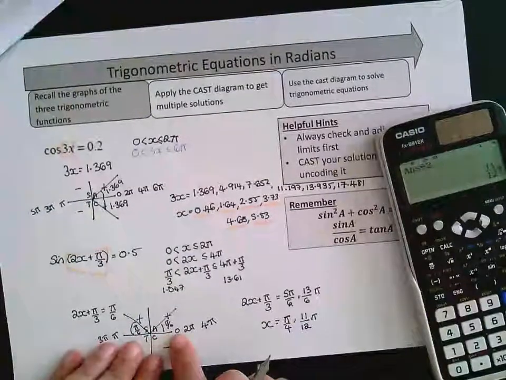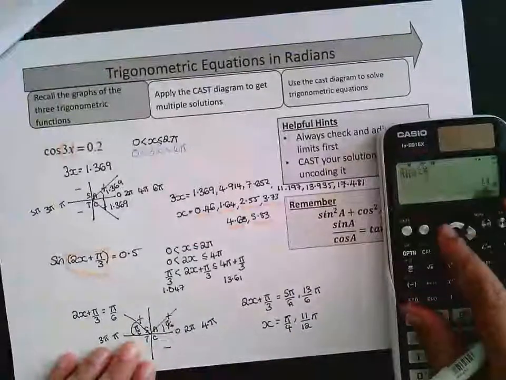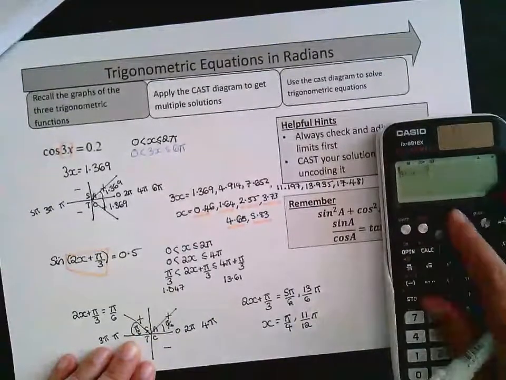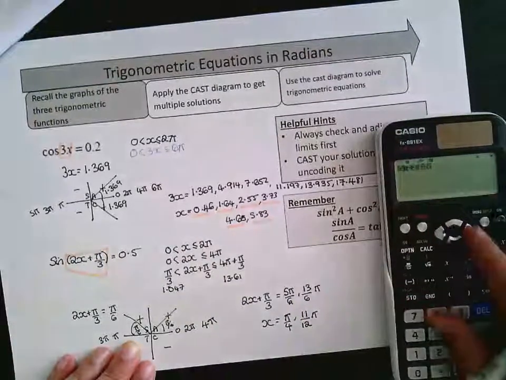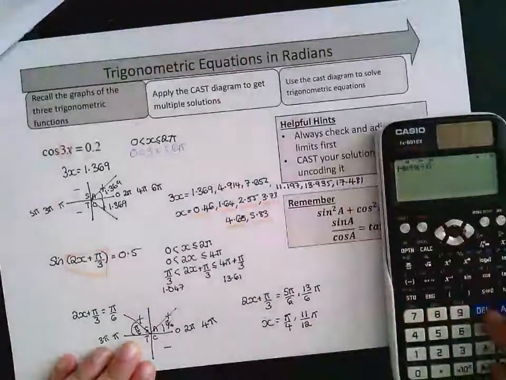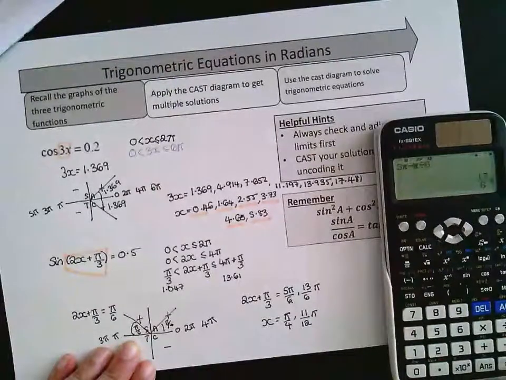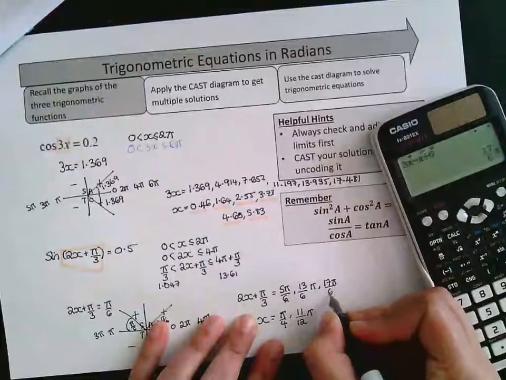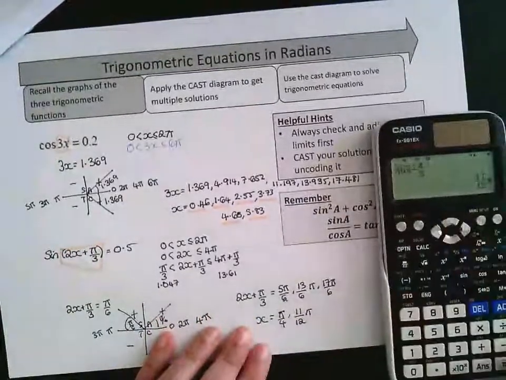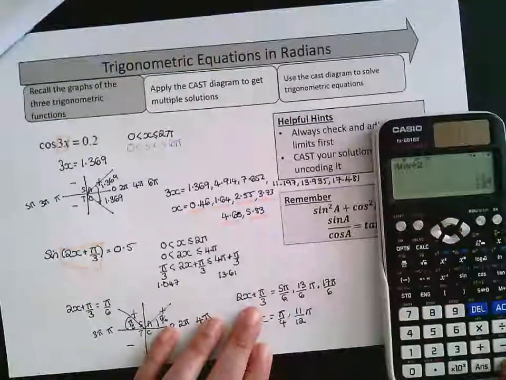So the next one is 3 pi minus pi by 6, which is 17 pi over 6. And again, I'm just going to follow my procedure previously. Take away pi by 3, and then divide by 2.